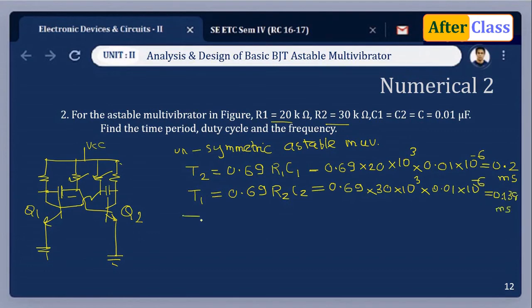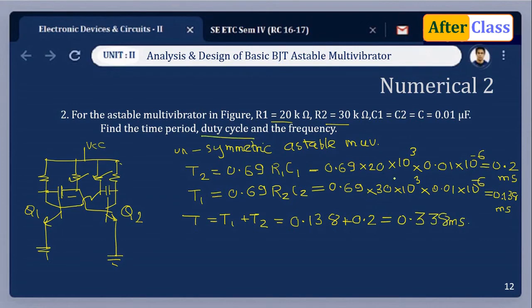The total time period T equals T1 plus T2, which equals 0.138 plus 0.2 milliseconds, that is 0.338 milliseconds.